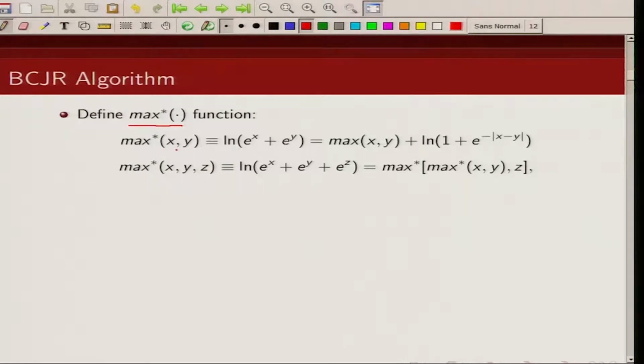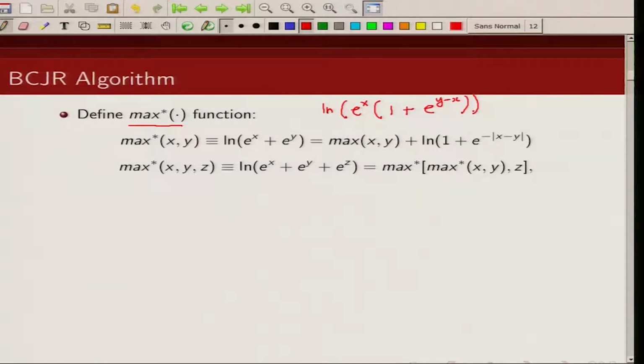Max star of x and y is defined as log of e to the power x plus e to the power y. This can be written as log of e to the power x times 1 plus e to the power y minus x. We can write it this way.